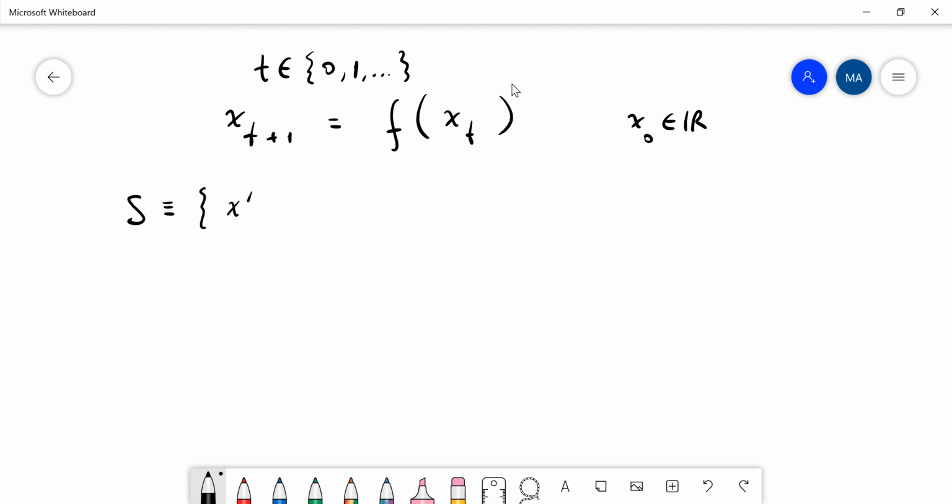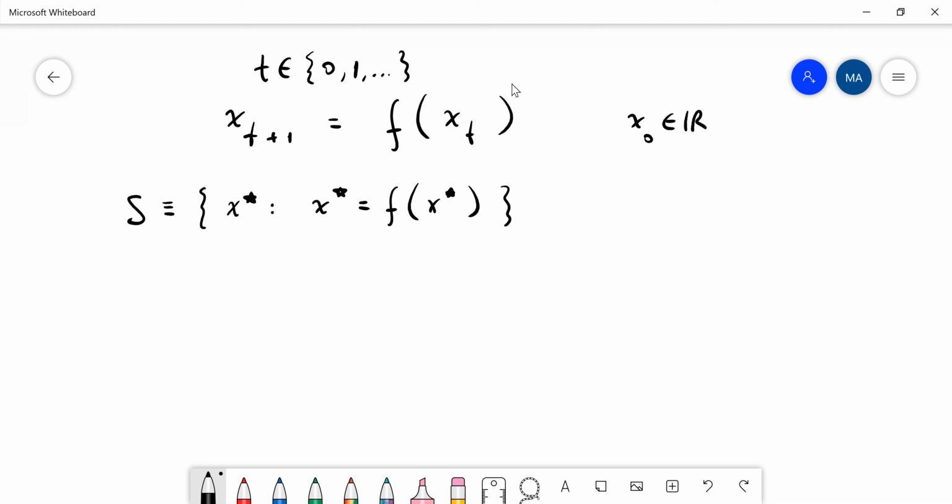A typical element is x star, okay? That typical element should satisfy this equation, right? Any x star that satisfies this equation, in other words, any x star that is a fixed point of f, will be a steady state.